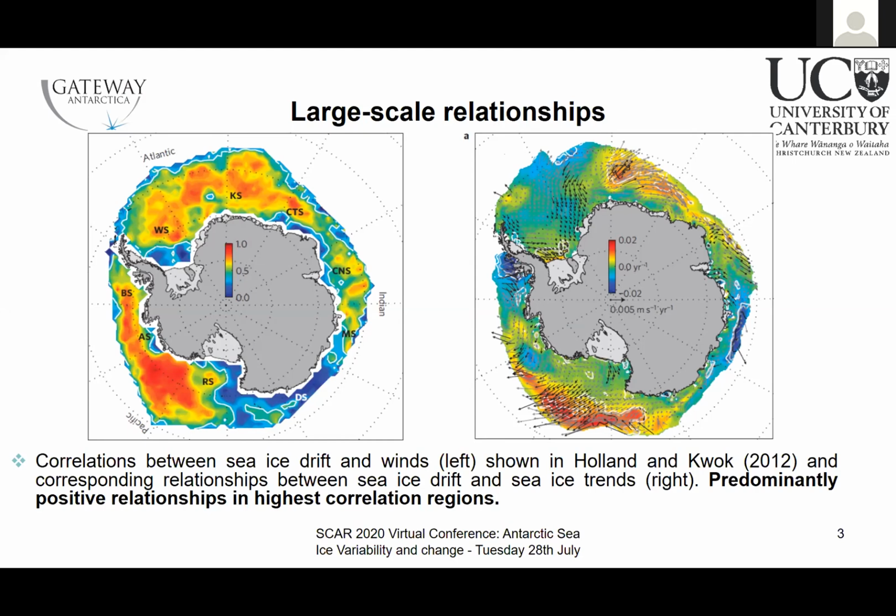The right panel shows the corresponding relationships between sea ice drift and sea ice trends, so concentrations. If you put those two things together, you effectively identify that there's a positive relationship in the highest correlation region, so that increased winds cause increased sea ice at this very large scale.